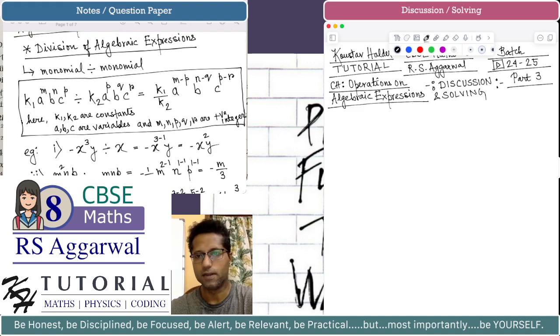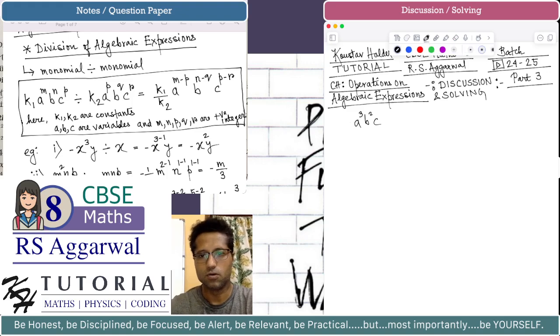the general format of a term is like k, where k is a numerical constant, and some product of variables, where the variables have some powers. Let's say I have a cube, I'm taking an example, b square and c. Now k is a constant.